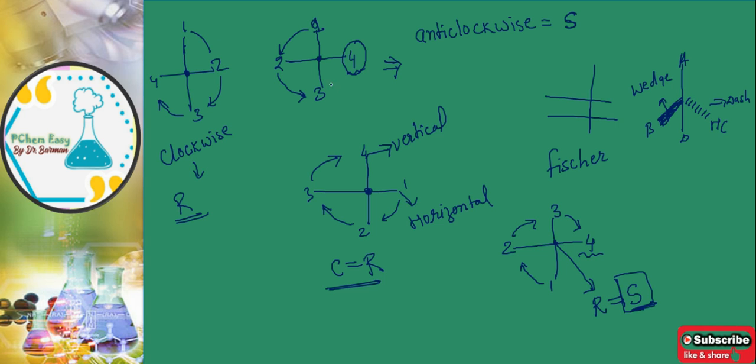So first I will draw examples having structure in Fischer projection. Then we will talk about wedge and dash projection in the upcoming lecture. So now let me draw an example of that particular compound.